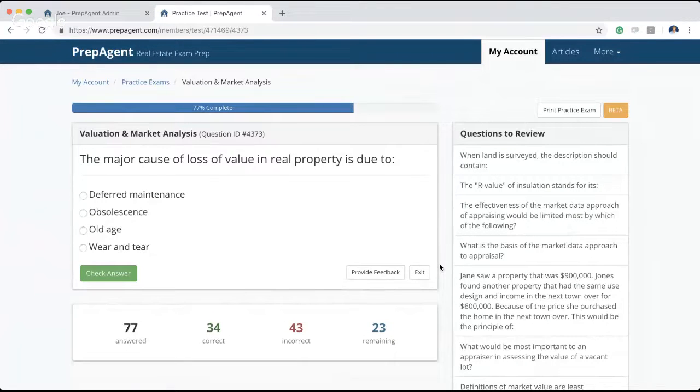The major cause of a loss in value in real property is due to A, deferred maintenance, B, obsolescence, C, old age, or D, wear and tear.